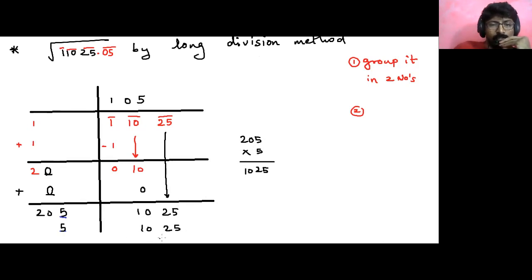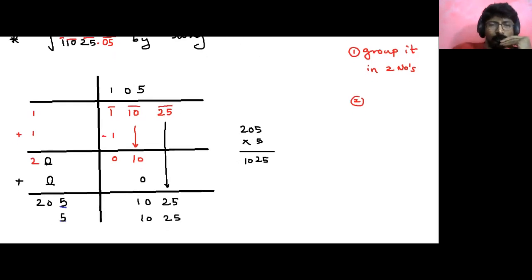Now look at this. It turned out as 0, isn't it? Everything got finished, and nothing is left over. So the remainder is now 0.